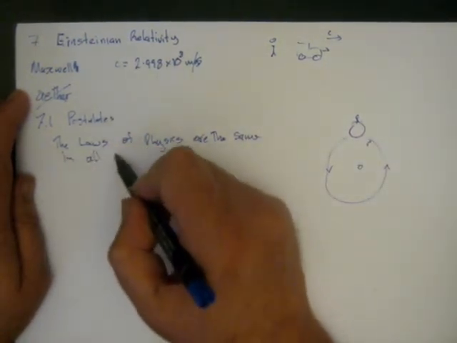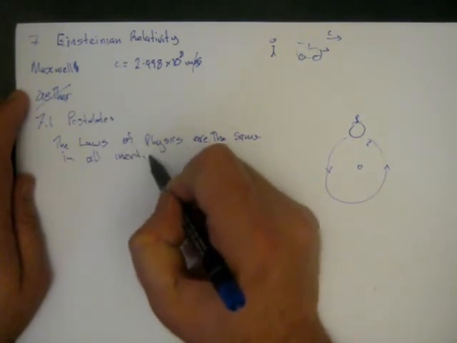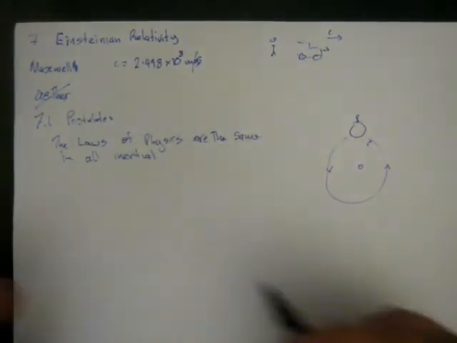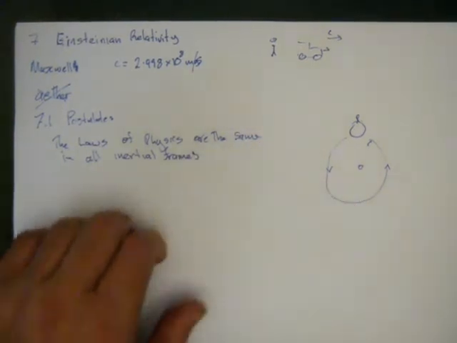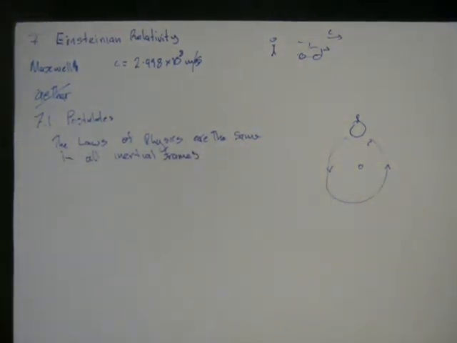And so basically, if you're not accelerating, then the laws of physics should be the same for everybody. Doesn't matter whether you're on Earth or Alpha Centauri, or out in the Andromeda Galaxy, the laws of physics should be the same as long as you're not accelerating.